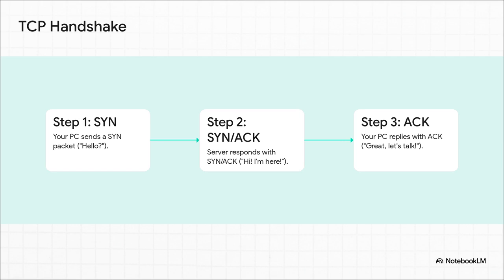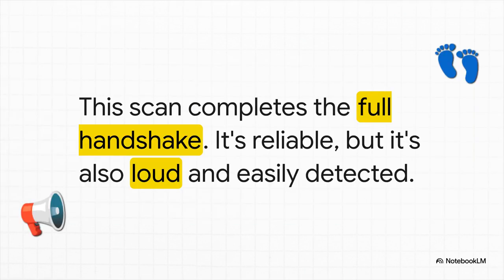And just like that, the connection is made. So by completing this entire handshake, Nmap knows for sure that a port is open. It's super reliable, but there's a catch. Completing that full conversation is like signing your name in a building's visitor log. It's loud, it's obvious, and it leaves a very clear digital footprint that any decent security system is going to notice.